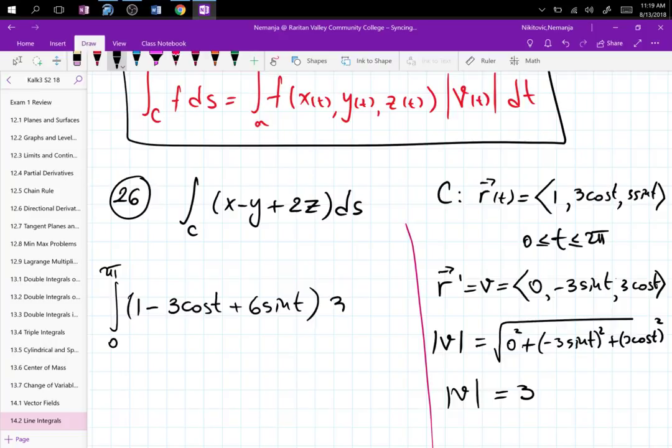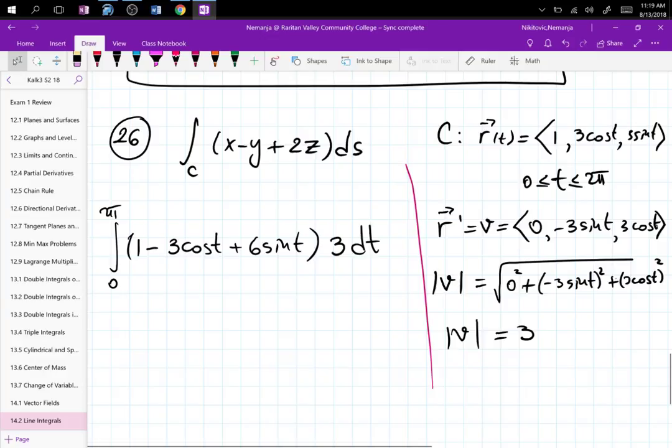Then we have times 3, which is velocity, and finally dt. So once you get all of the pieces of the puzzle, you just plug them in. X for x, y for y, z for z, and then the absolute value of velocity goes there.